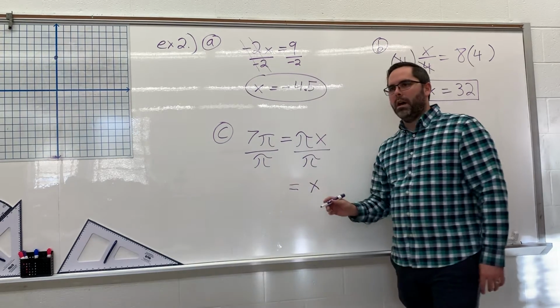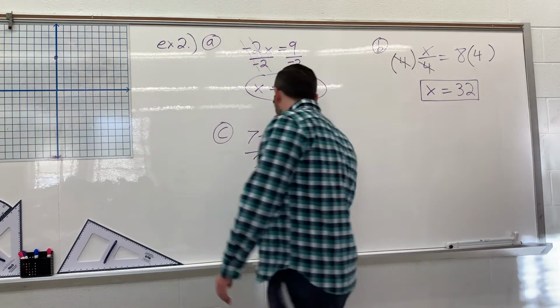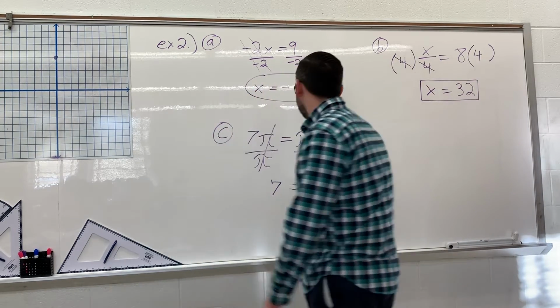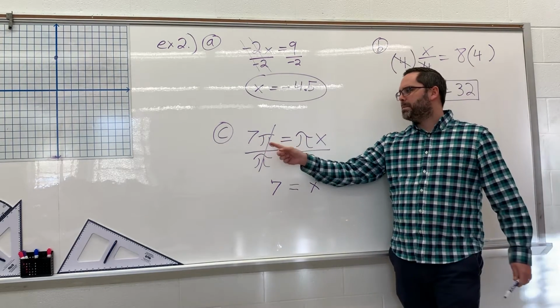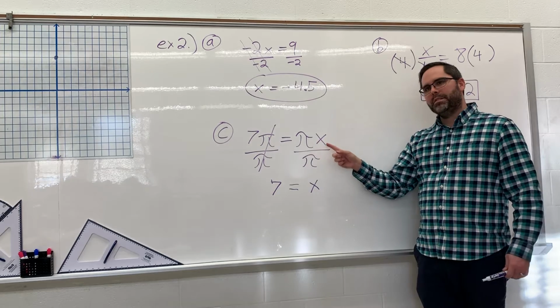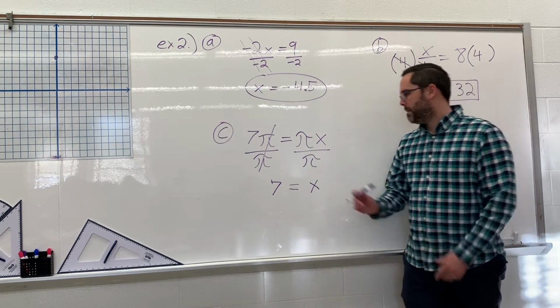What is 7 pi divided by pi? 7. Which makes sense, right? 7 times pi is equal to pi times 7.